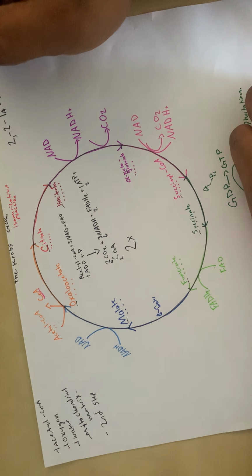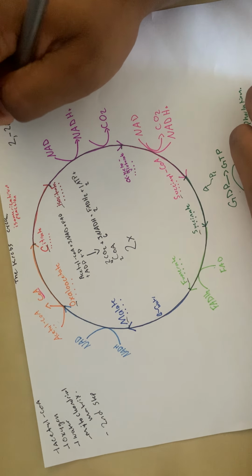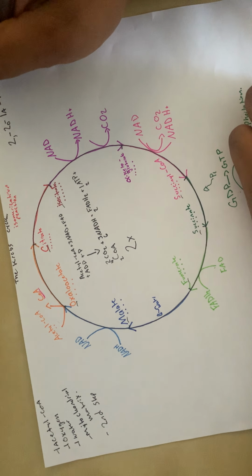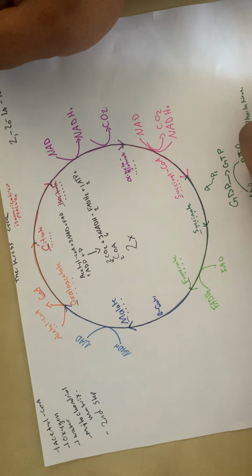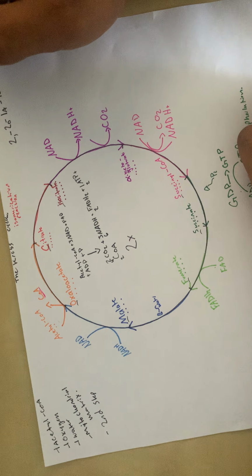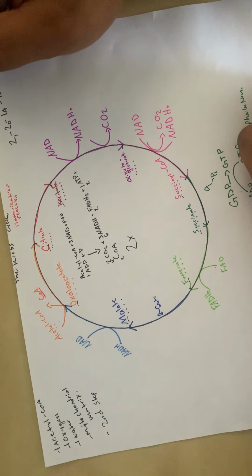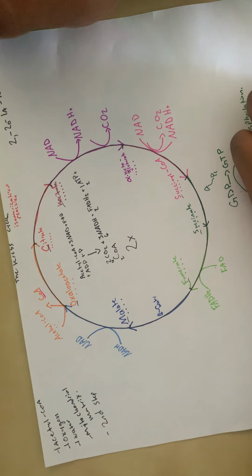So 2O for two oxidations. And the next step after that, we have an addition of water to turn fumarate into malate. And after that, we have our last oxidation, which turns it back into oxaloacetate.